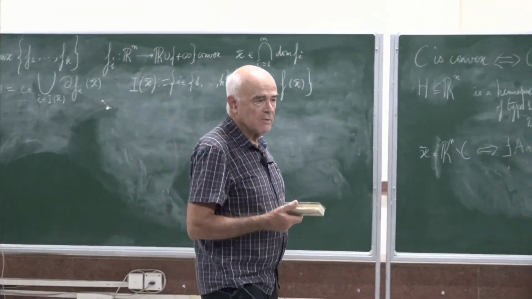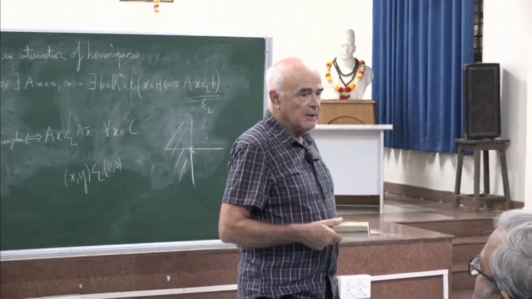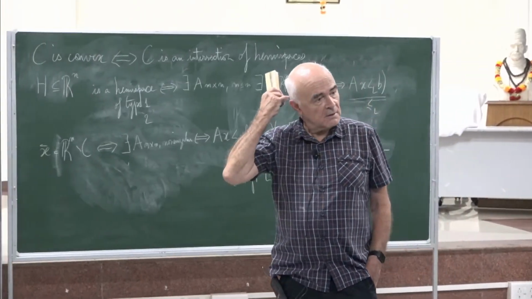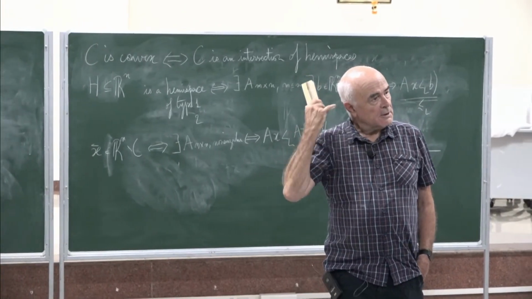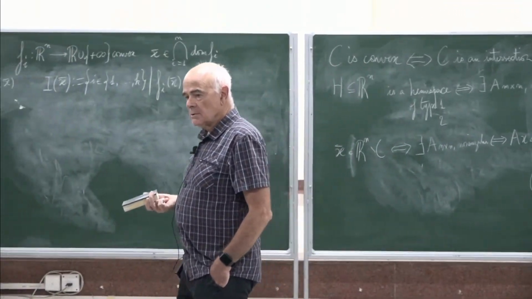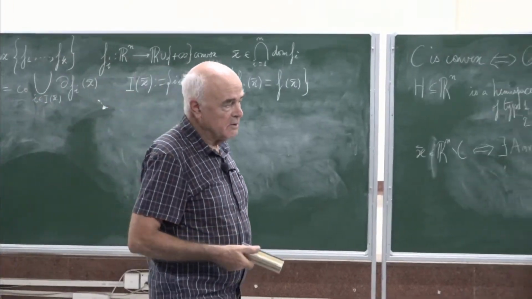Then there were two important people, Castaing, he was a Vietnamese but working in France, and Valadier, who proved this formula, and then the next generation was also very important. There was Hiriart-Urruty, who unfortunately passed away a couple of years ago.